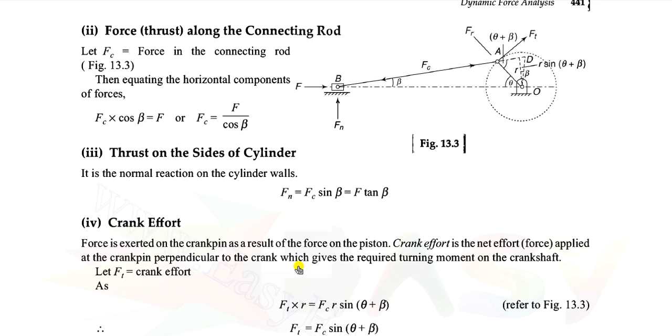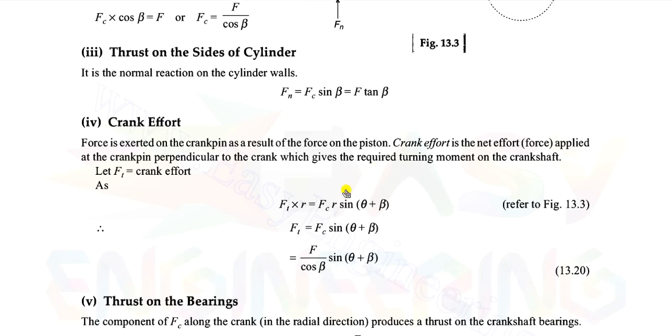So I can write Ft is equal to Fc sine theta plus beta. I will send my notes, from there you will understand. Now Fc is F by cos beta. So Ft is equal to F sine theta plus beta divided by cos beta. So this is your crank effort.